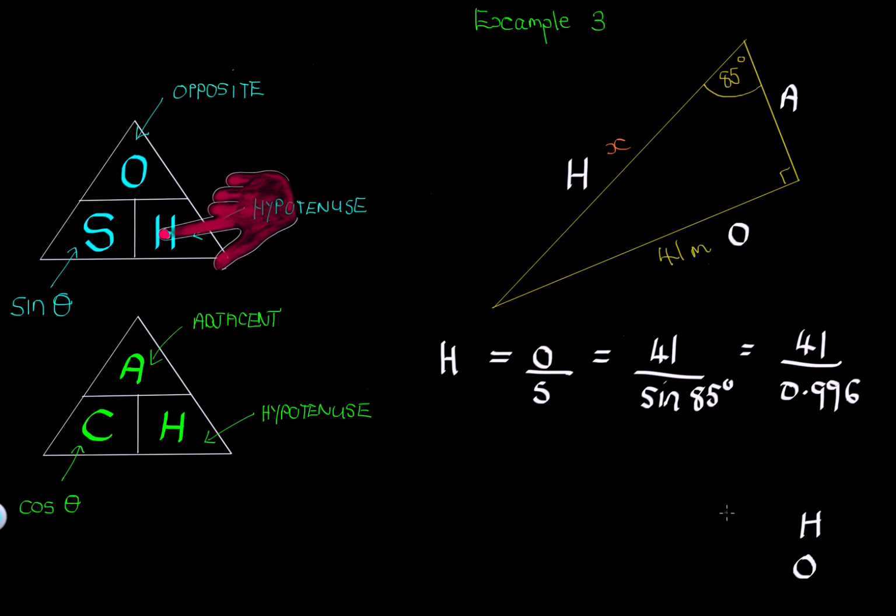So 41 divided by 0.996 equals 41.16. And we're in meters, so this will be in meters again. So we've just worked out the length of this as 41.16 meters.